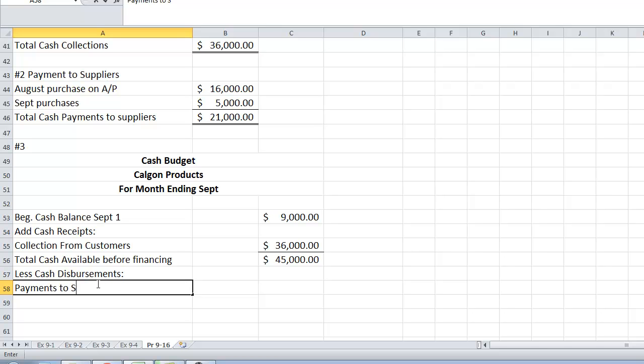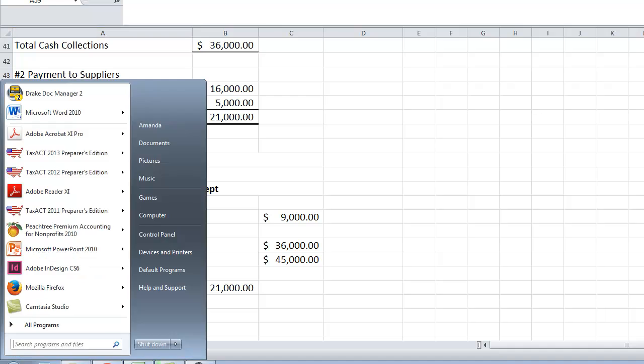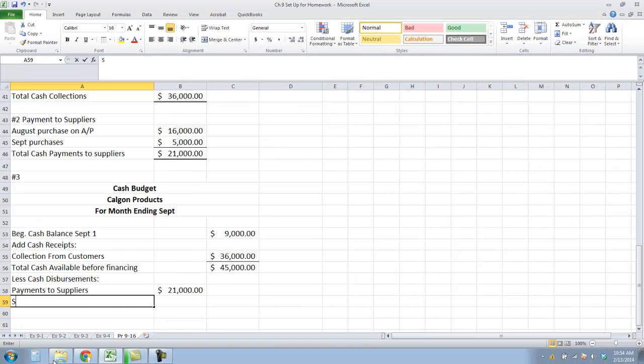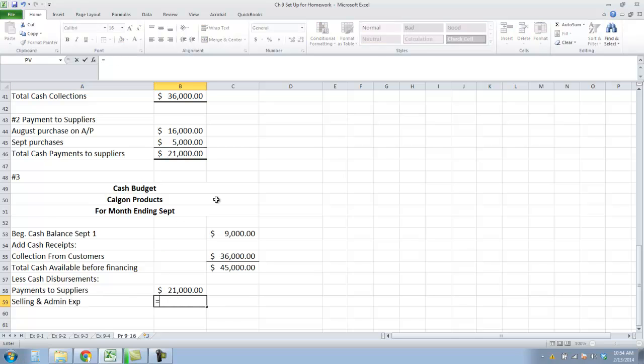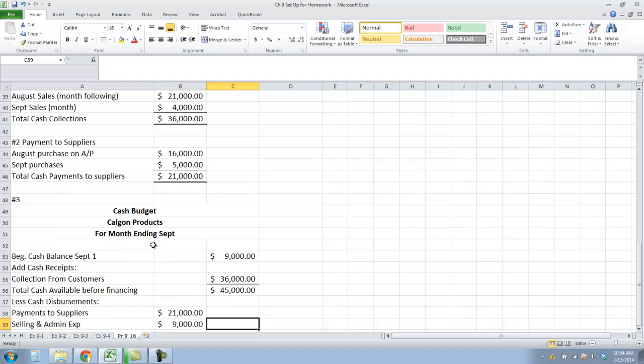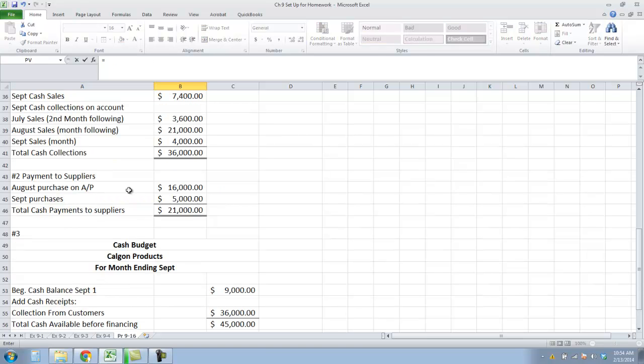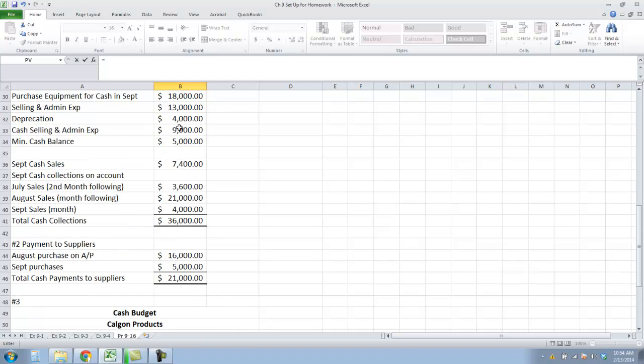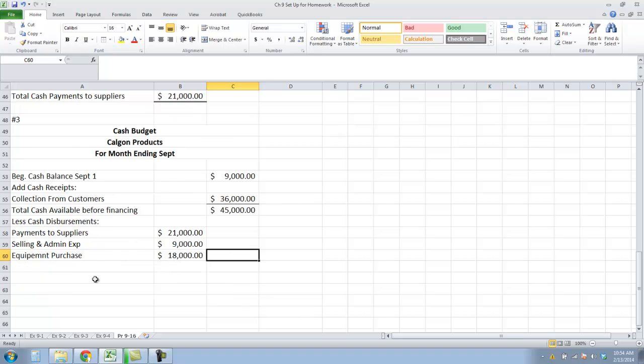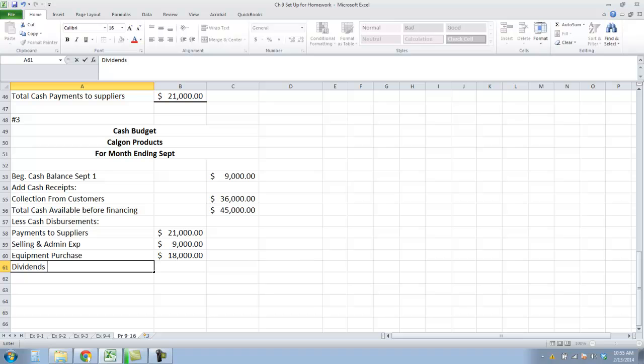Payment to suppliers, which was $21,000. Selling and admin expense. We're going to take only the cash number, remember, because we're working with cash. Equipment purchase. Dividends paid.